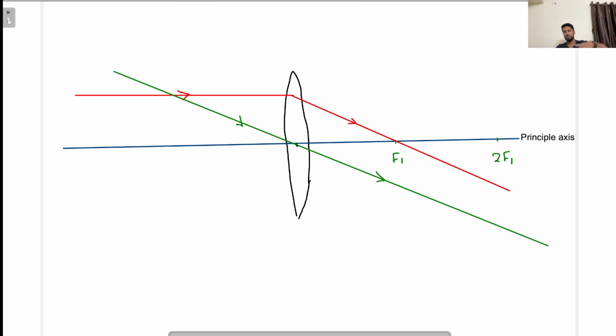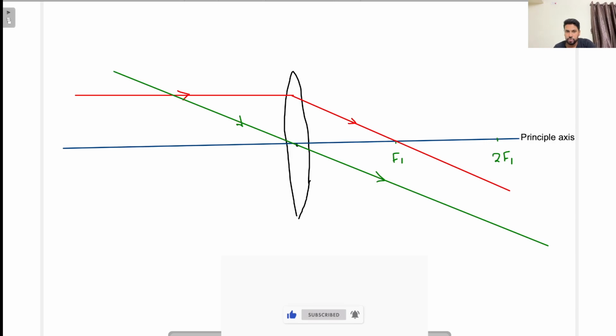I'm again saying it's not a ray, it is also something that is going through optic center. That's why it doesn't seem to bend. Understood? So rule number 2 says that any ray that is passing through optic center will not get refracted, it will just pass straight.